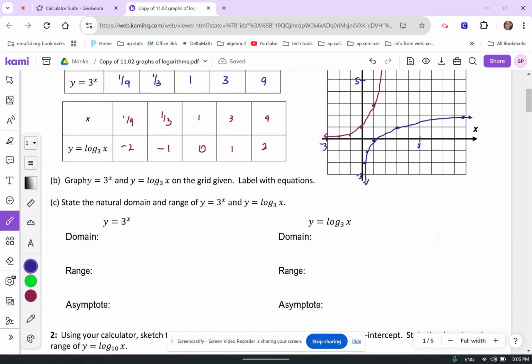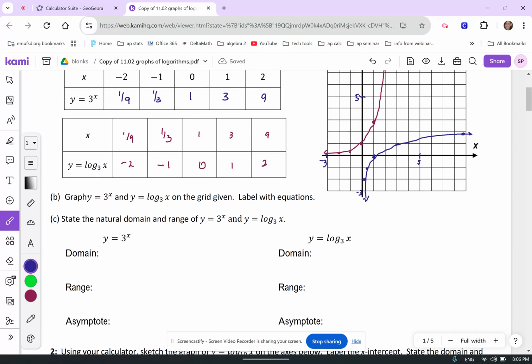The domain of the function is not all reals. Oh, for exponential functions, it's all reals. So for this graph in the red, you can put in any x value, so it's going from negative infinity to infinity. Your range, however, for the graph in red, the lowest y value approaches 0 but has to be greater than 0.